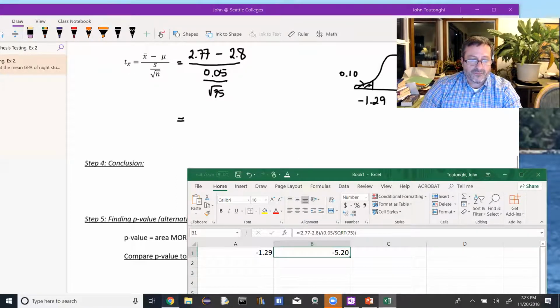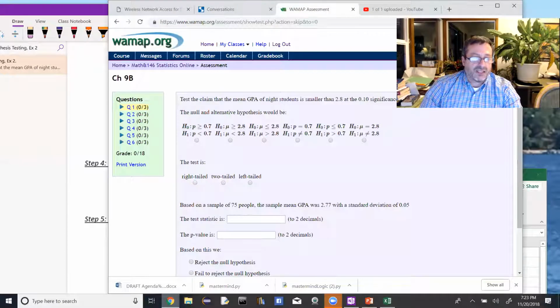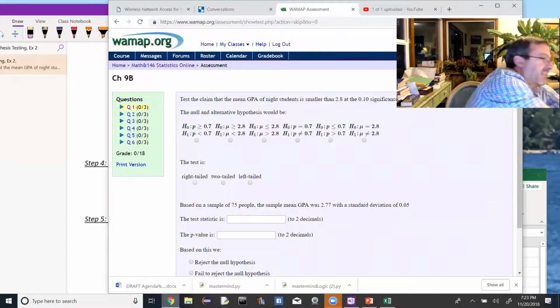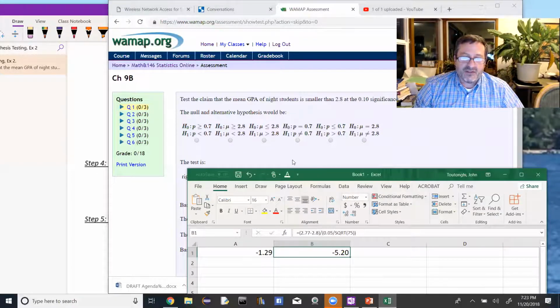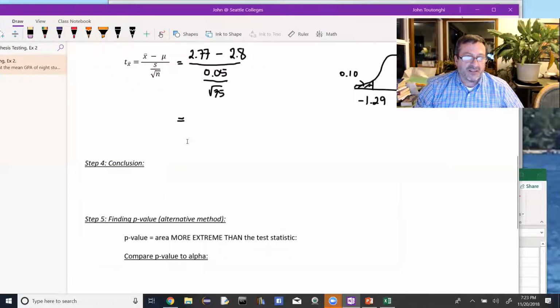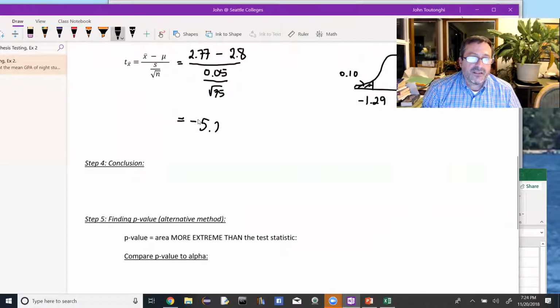Well, let's make sure. It wants the test statistic rounded to 2 decimal places. Excuse me. So negative 5.20. I want to go back to my worksheet here. Write that down. Test statistic is negative 5.20.